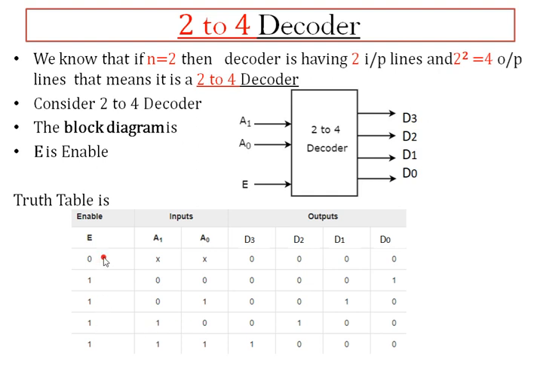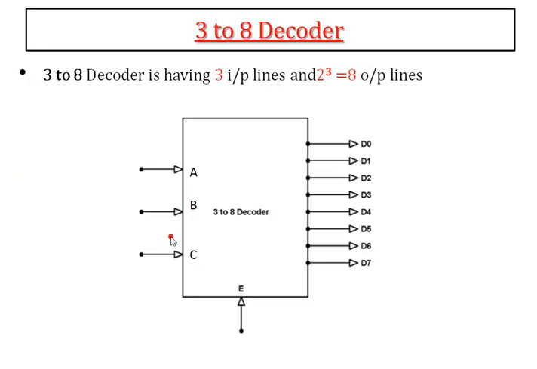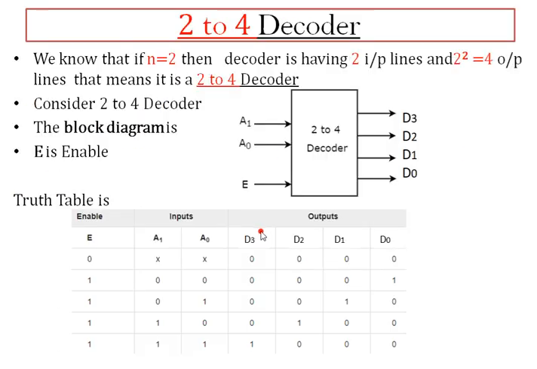Next, D2. D2 is 1 for E 1, A1 1, A0 0. So D2 equals E, A1, A0 bar. Next, D1.